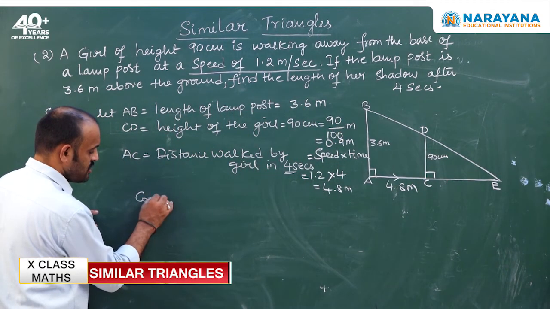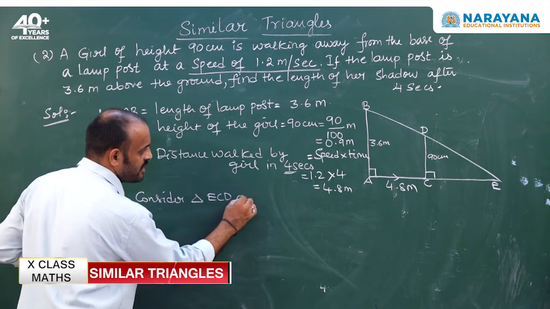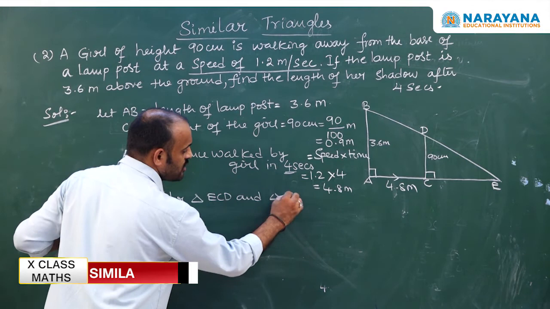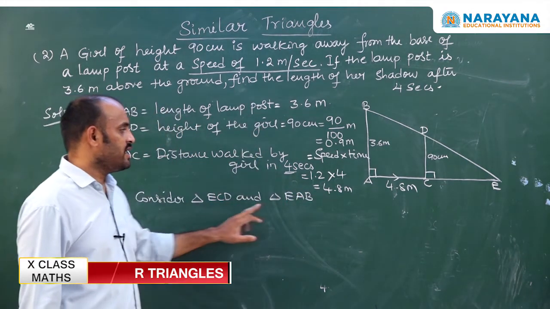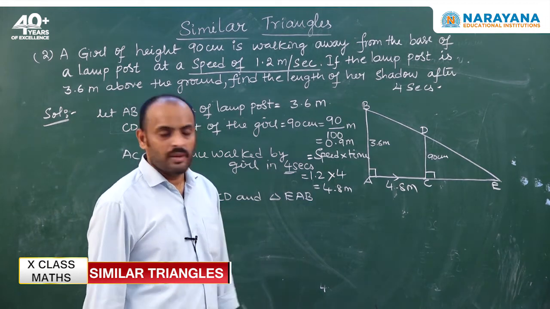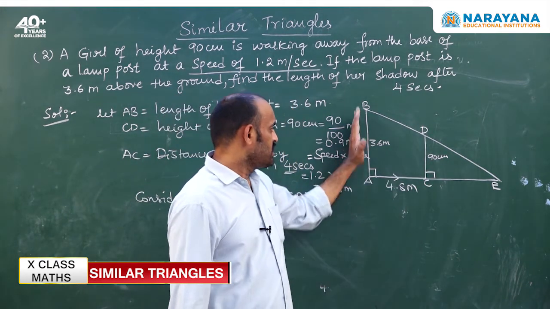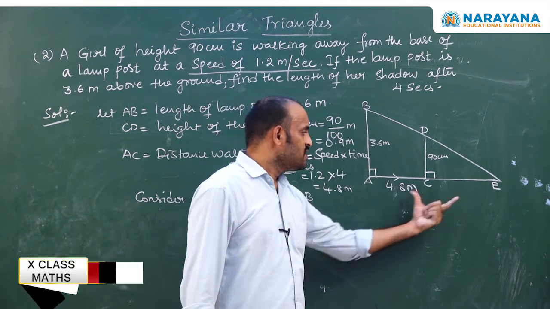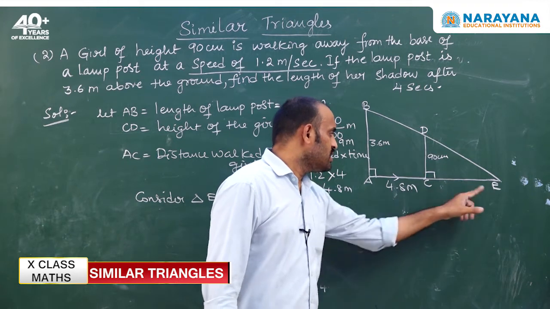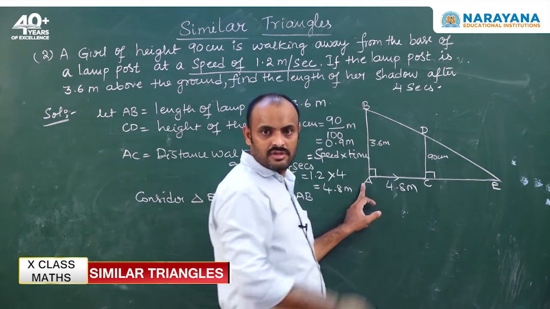Consider triangle ECD and triangle EAB. CD is the height of the girl, AB is the height of the lamp post, AC is the distance walked by the girl, CE is the shadow of the girl, AE will be the shadow of the lamp post.